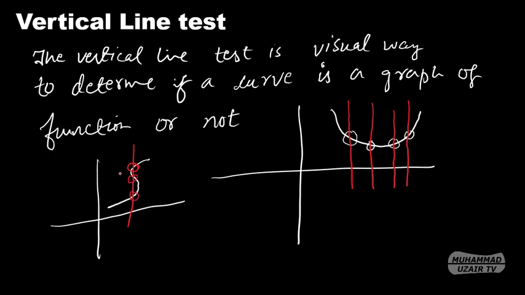So for each value of x there is not a unique value of y. In the previous case, for each value of x there is a unique value of y. So the vertical line test is a visual way to determine if a curve is a graph of a function or not.